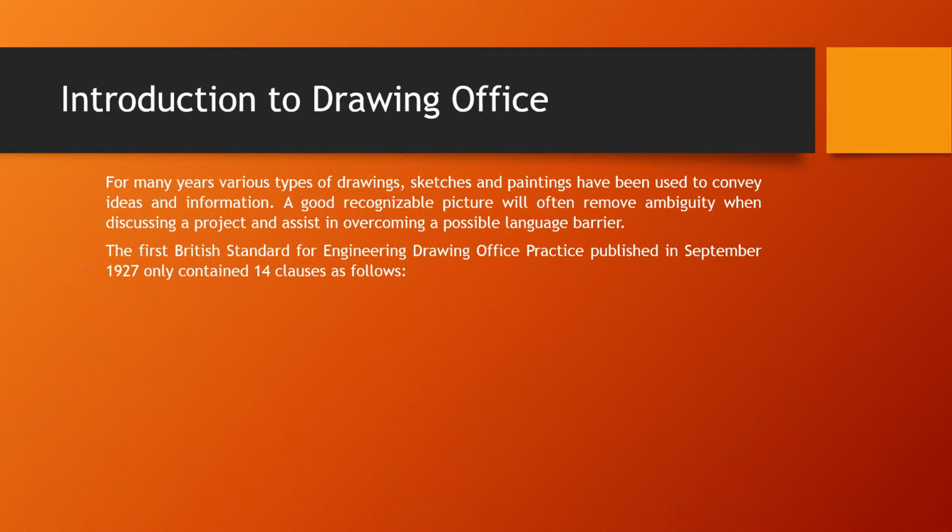The first British standard for engineering drawing office practice was published in September 1927 and contained only 14 classes, as follows.